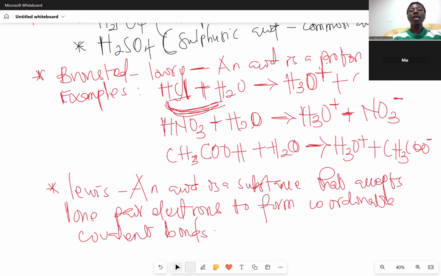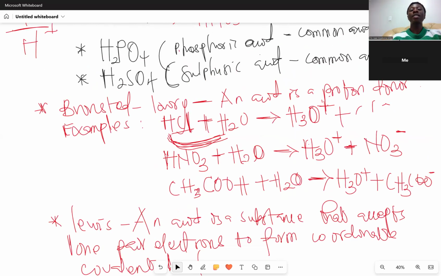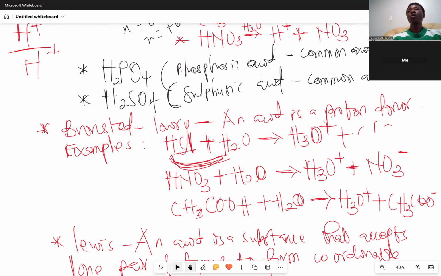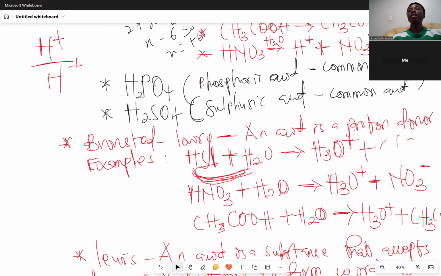So now in the exam, if they ask you to define an acid according to Lewis, then you say according to Lewis, an acid is. If they ask you to define a Bronsted acid, then you say according to Bronsted, an acid is.